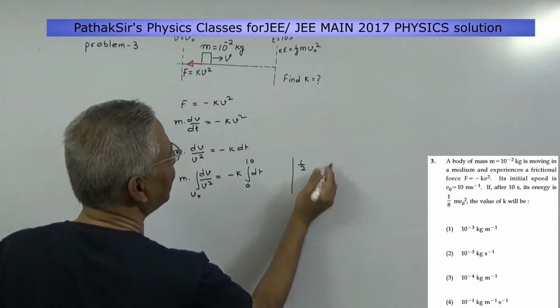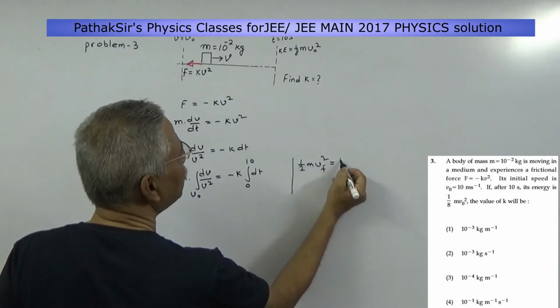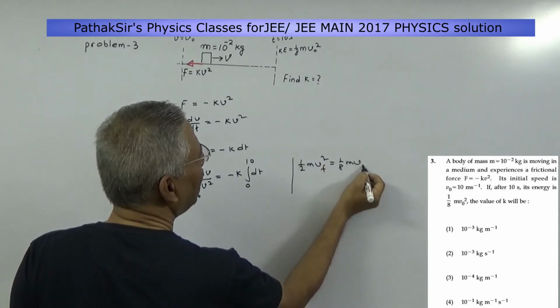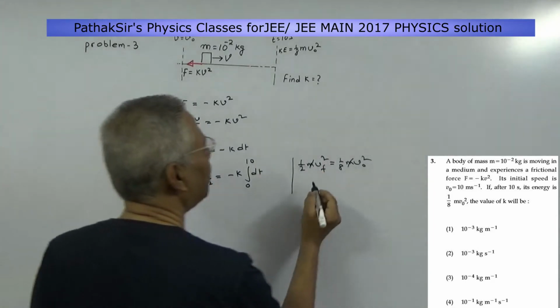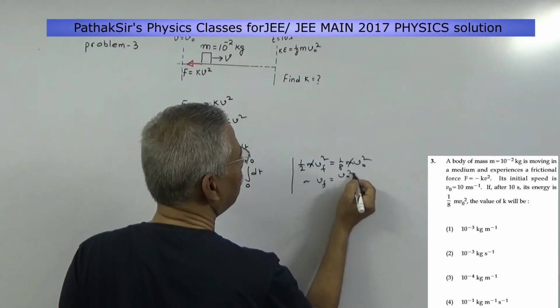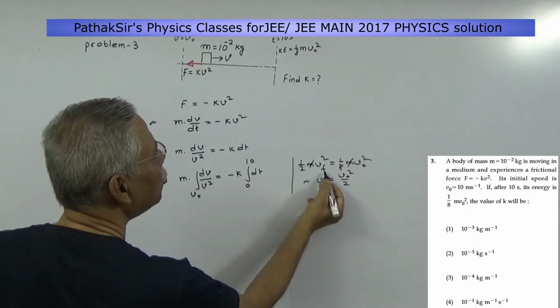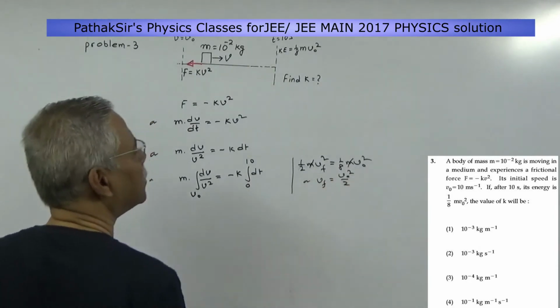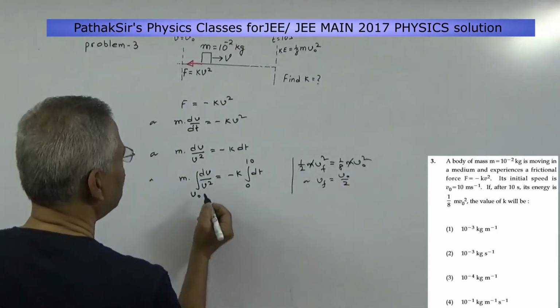Final energy is given, half m v final square equal to 1 by 8 m v naught square, so v final equals v naught by 2.